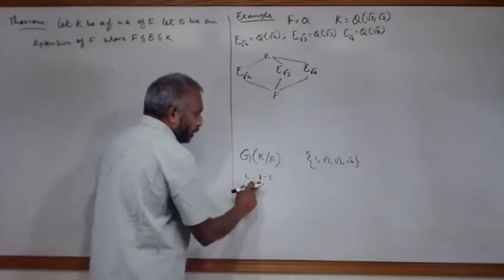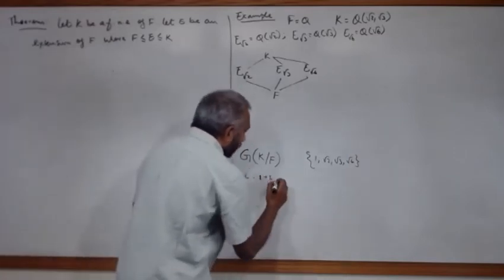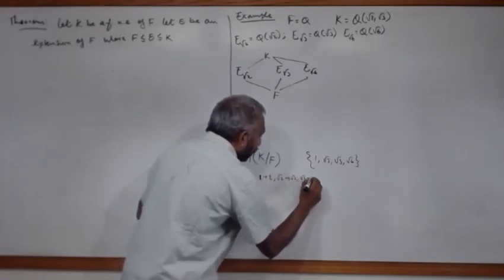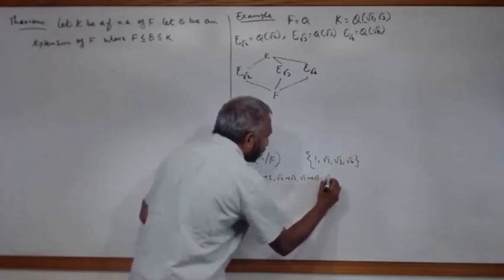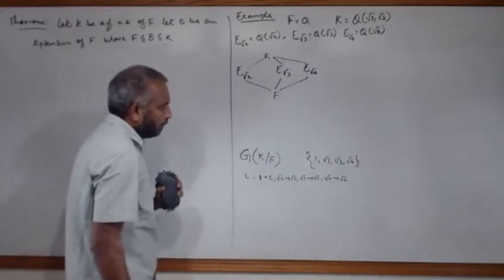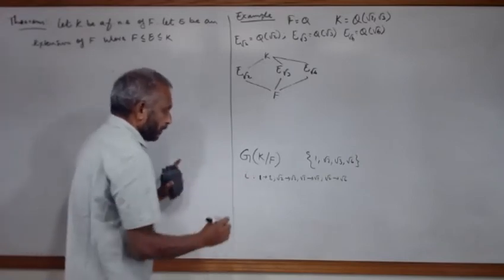So one's conjugate is always 1, nothing else. Then root 2 should go to root 2, root 3 goes to root 3, and root 6 goes to root 6. That is one of them. That is the identity map. Identity map is always an automorphism.